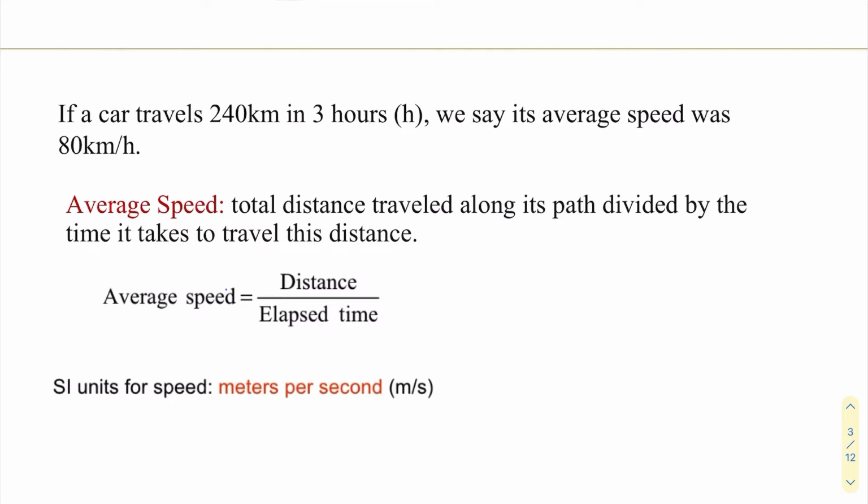So we need to add a word here: total distance per time. Both speed and velocity have a common SI unit, and that is meter per second. So both of them have the same unit.